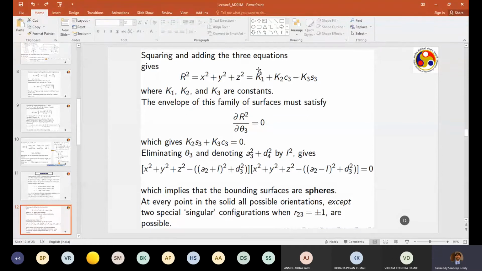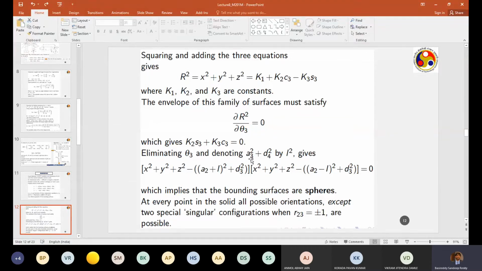For example, if you see this k1 term that we got, if you remember when we calculated theta 3 and we did x square plus y square plus z square, we got something like a3 square plus a2 square plus d3 square plus d4 square and so on, which were a part of k1.